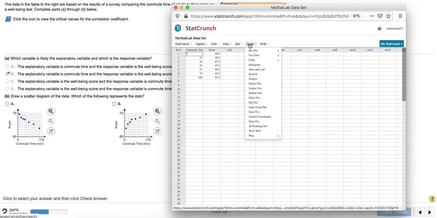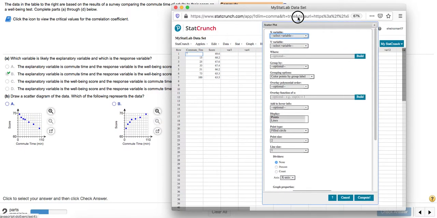You can get that by going to Graph, choose Scatter Plot, and then here I'm going to, for my x variable, the explanatory variable, put in commute times. My y variable is going to be the score, which is the response variable. That is everything you need to look at a graph, a scatter plot of this data.